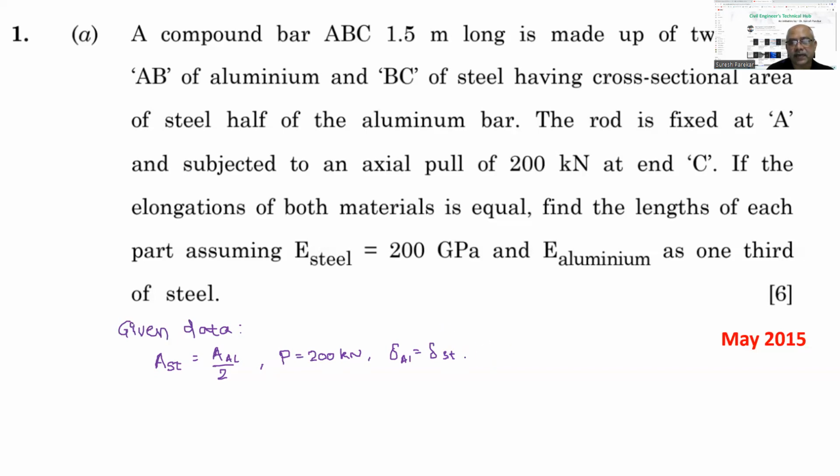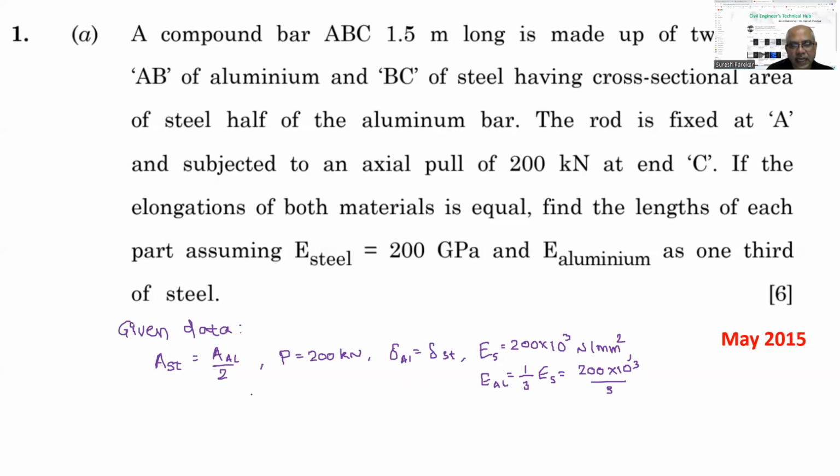E for steel is given 200 into 10 raised to 3 Newton per mm square, and E for aluminum is 1/3 of E steel, so 200 into 10 raised to 3 divided by 3.